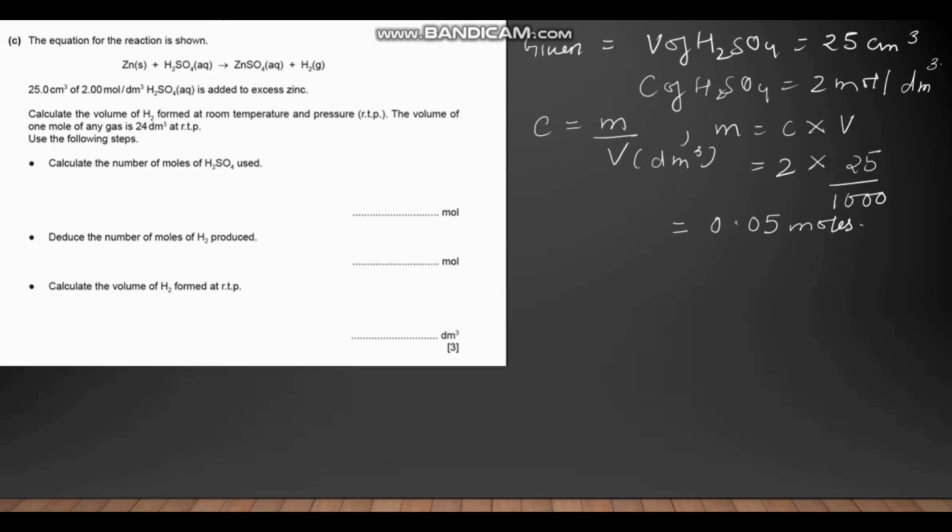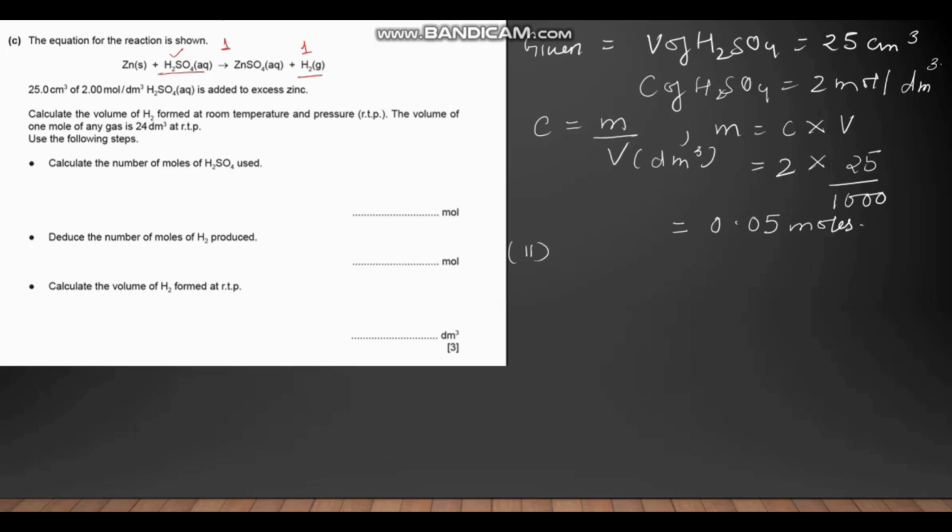My first part. Coming to the second part of the question, deduce the number of moles of hydrogen produced. Now, as I got the moles of H2SO4, I'll go back to the balanced chemical equation and see what is the ratio between H2SO4 and H2. So that is 1:1. Whenever 1 mole of H2SO4 is consumed, 1 mole of hydrogen is produced.